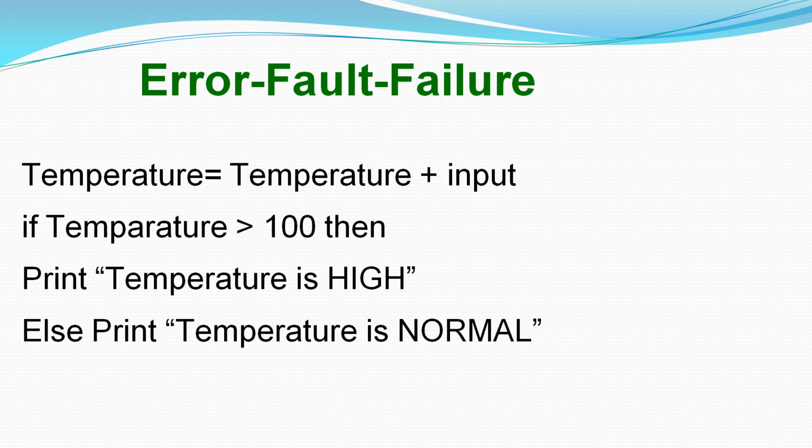If the temperature is greater than 100, then print temperature is high, else print temperature is normal. This is the code. So if I assign the temperature variable the value 100, and the input variable the value 10, what will be the output?